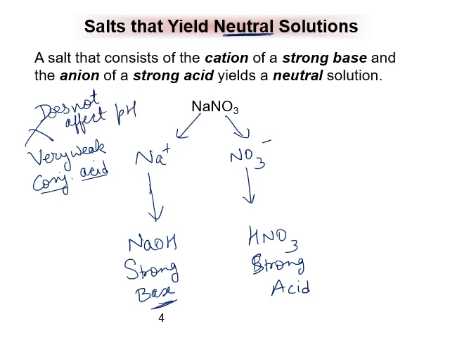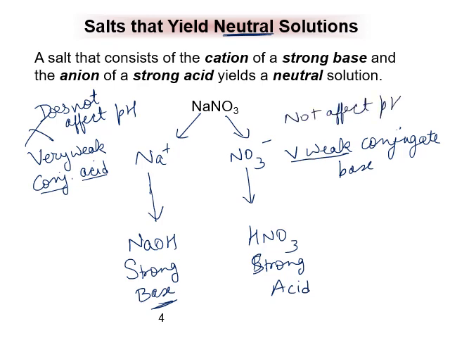Similarly, this is nitrate ion, which comes from nitric acid, which is a very strong acid, which means this is going to be a very weak conjugate base. So it's very weak, which means it will also not affect the pH, which means your solution is going to be neutral. You do not have an acid in there, you do not have a base in there, so your solution is going to be neutral.